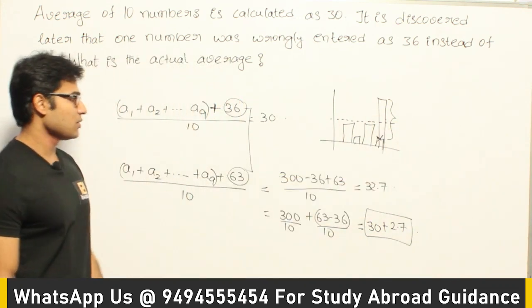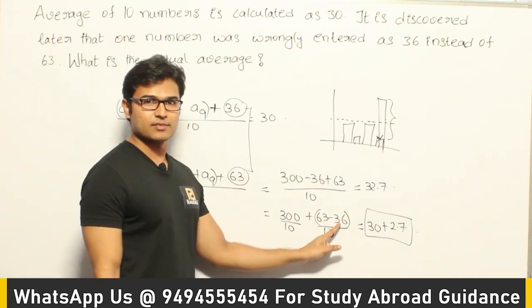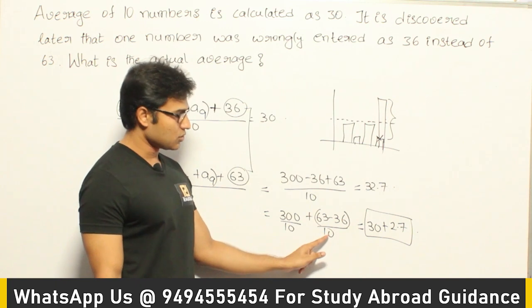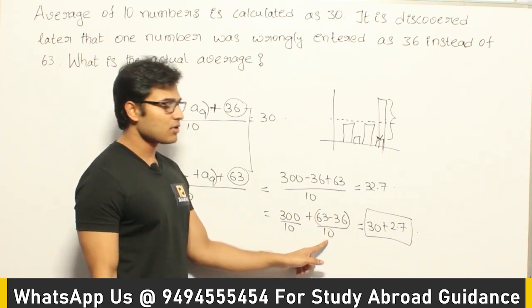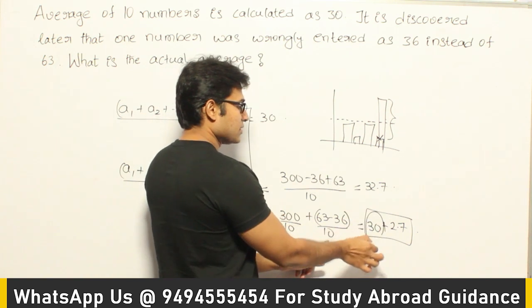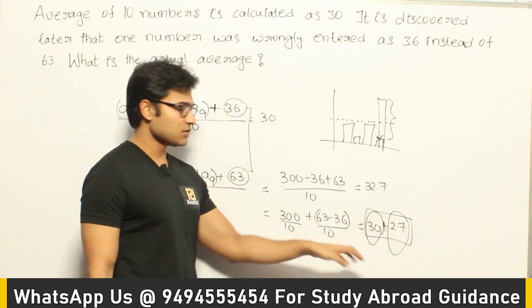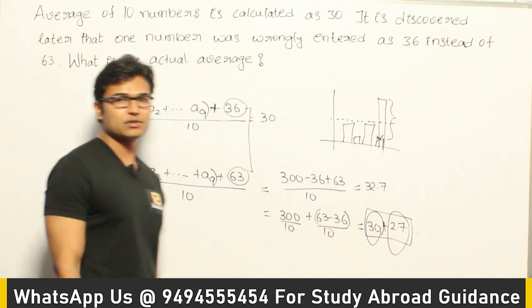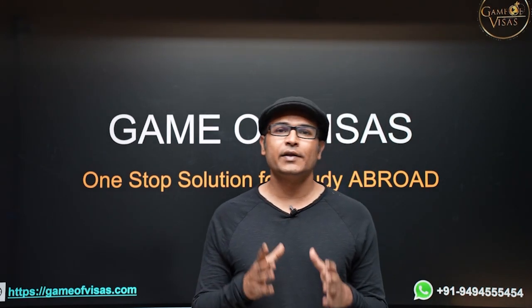So the difference happens to be 63 minus 36. Now this difference has to be distributed over 10 values. That is why I am dividing it by 10. Therefore the old average plus the difference distributed over all the values is going to be your answer, 32.7. Got it? Okay.